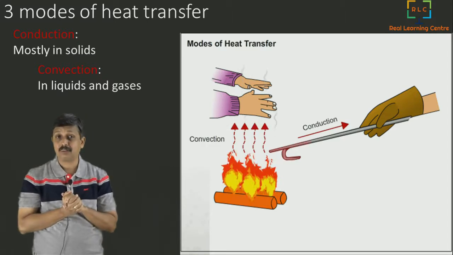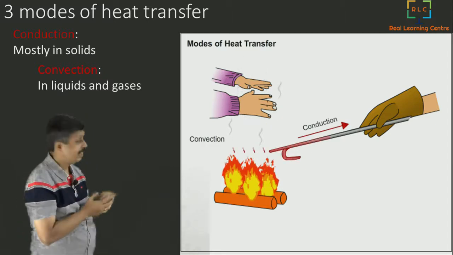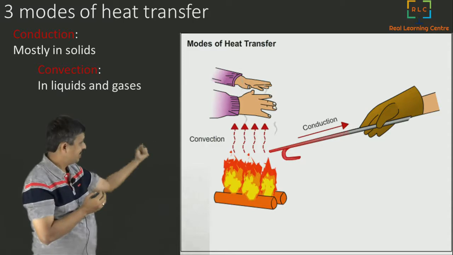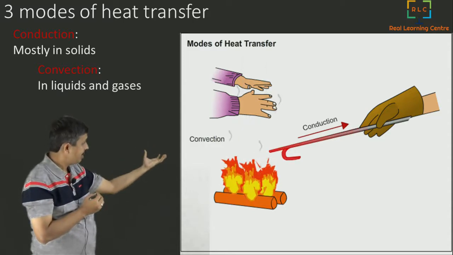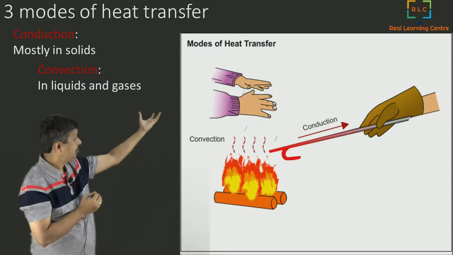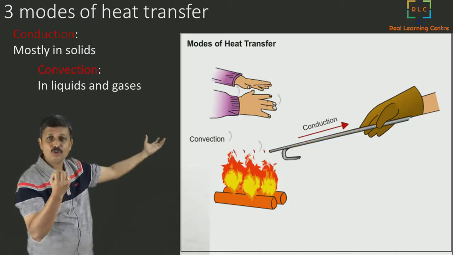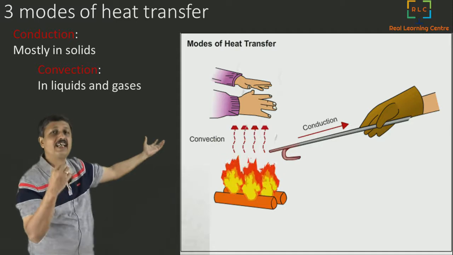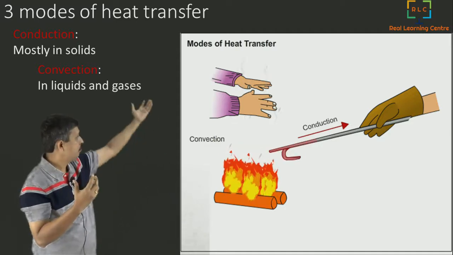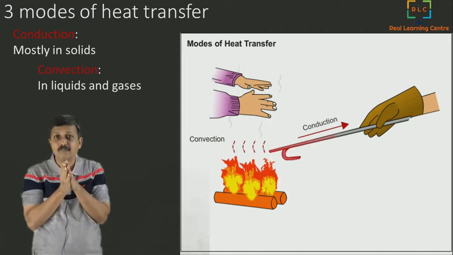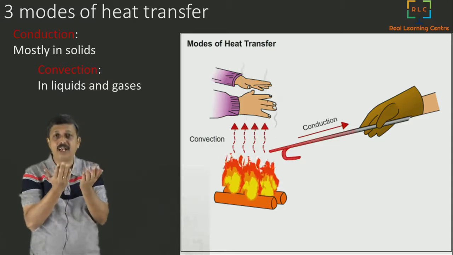So what really happens? The air on top of the fire gets heated up, and that air goes up. When air molecules get heated up, they get lighter, and they keep going up, and it hits your hand, and the heat gets transferred to your hand.